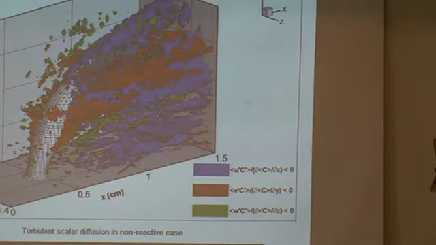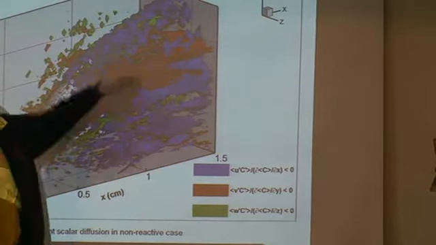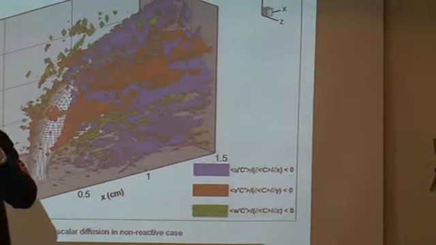So where does this occur, inside the boundary layer or outside the boundary layer? The turbulent boundary layer of the cross flow stops about here. So this is a consequence of the mixing of the hydrogen.